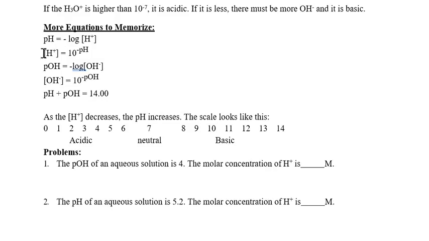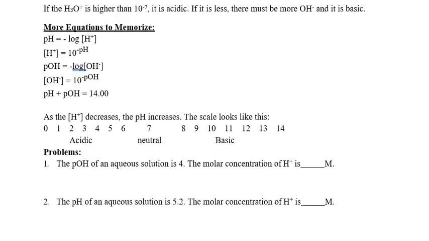And the hydronium ion concentration is 10 to the negative pH of the solution. That's how you can calculate the hydronium ion concentration if you're given the pH.